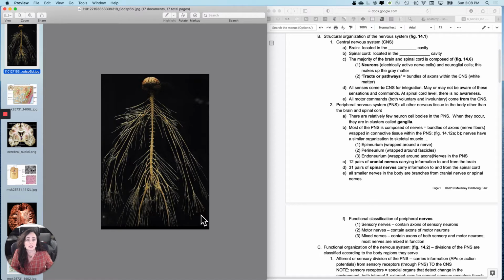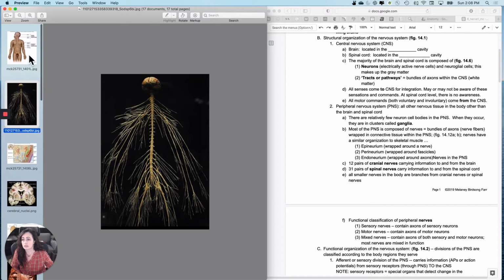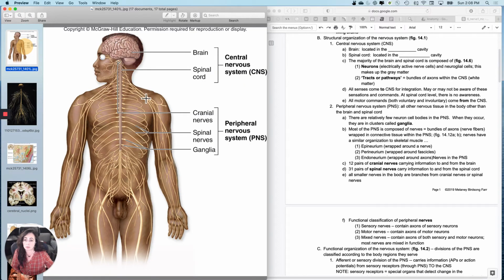Okay, so the peripheral nervous system now is all other nervous tissue in the body. Any place other than the brain and the spinal cord, all of this is considered PNS tissues. So the PNS tissue is primarily made of wiring, because almost all the cells are in the central nervous system where they can be nice and protected.